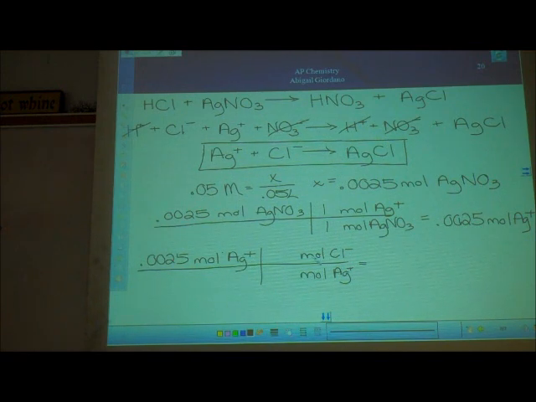Can you please tell me, back from your Chem 1 days, if you're going from moles of one thing to moles of another in an equation, where are these numbers coming from? The coefficients. Yeah, the molar ratio. Don't even need a calculator for it.